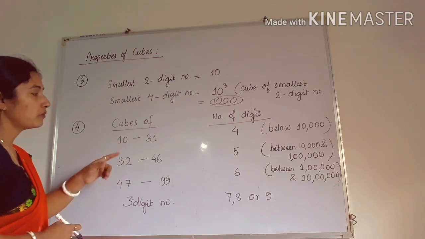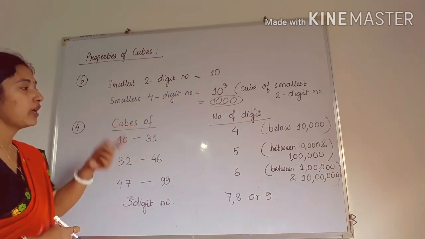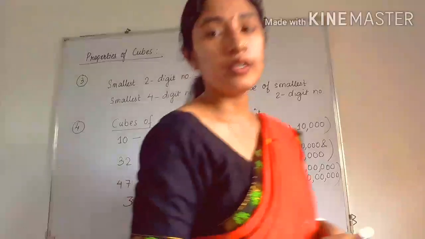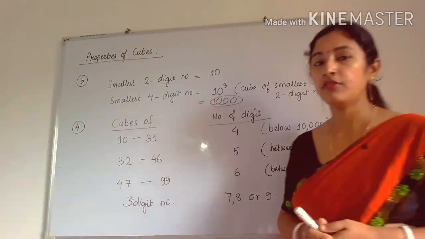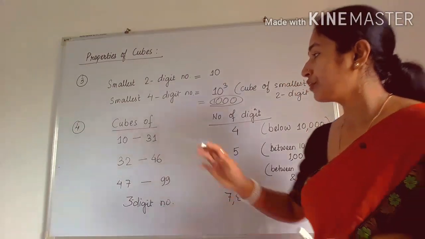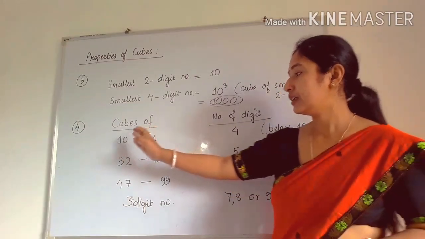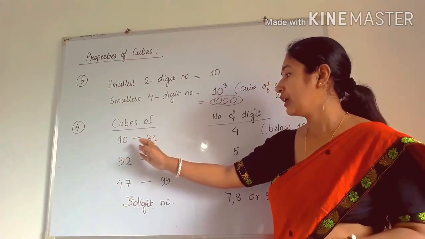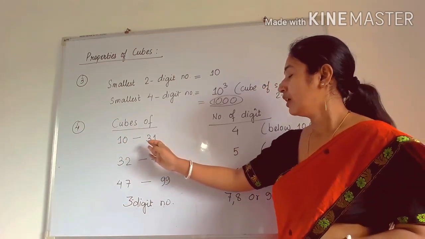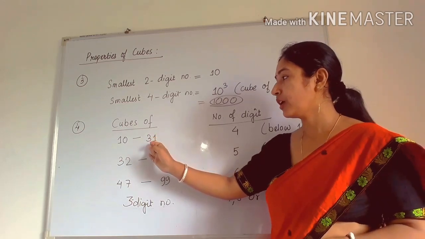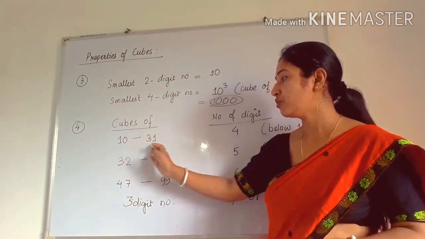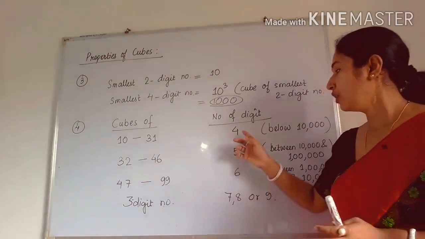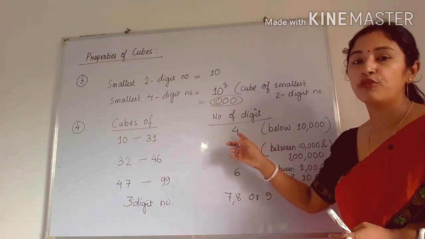I have written 2 columns. See, first is cubes of, and in the next I have written the total number of digits. So if we find the cube of 10 to 31, that is 10, 11, 12, 13, 14 like that up to 31, then the total number of digits present in the cube should be equal to 4.